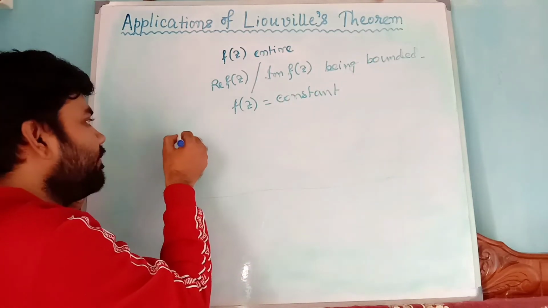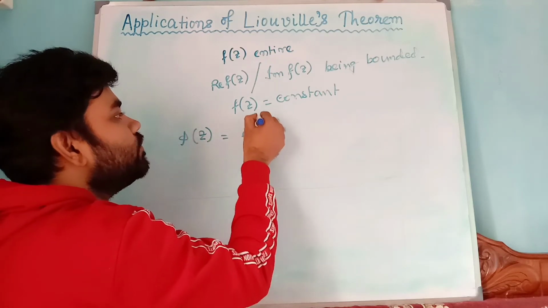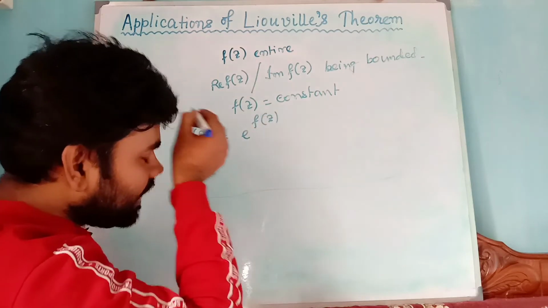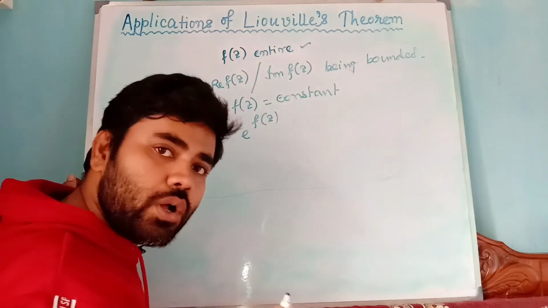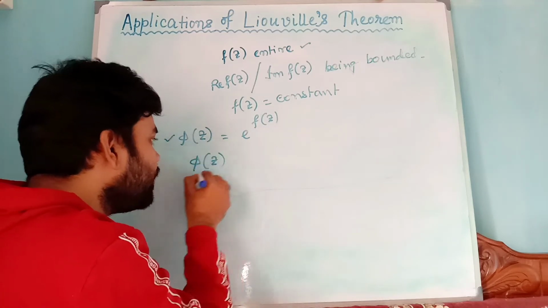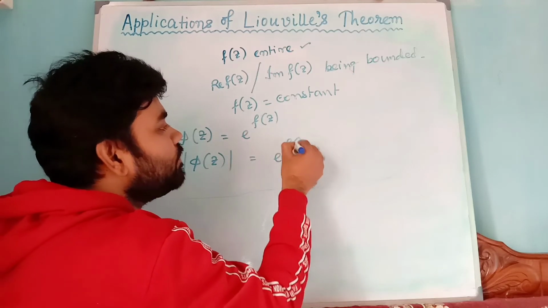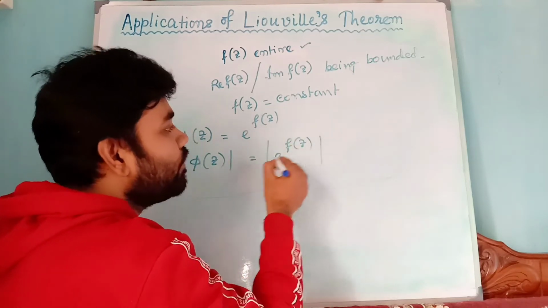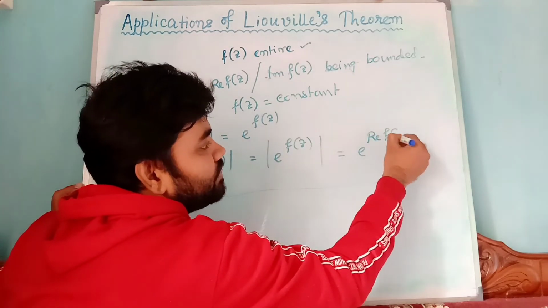How? Suppose phi(z) is another function which equals e to the power f(z). Since f(z) is entire, we can conclude phi(z) is also entire. Now mod phi(z) will be equal to mod e to the power f(z), and what we are given? Mod e to the power f(z) means e to the power real f(z).